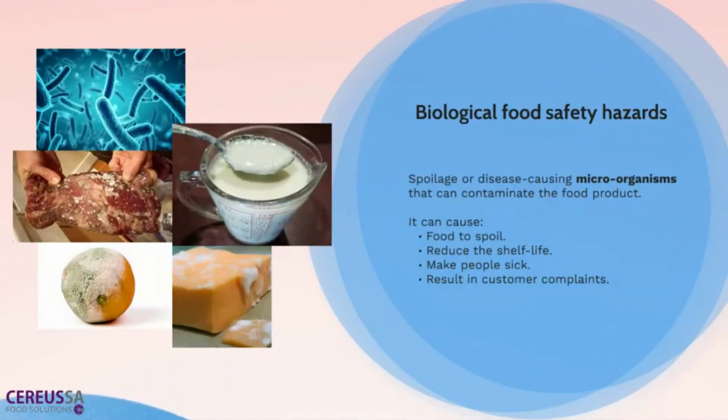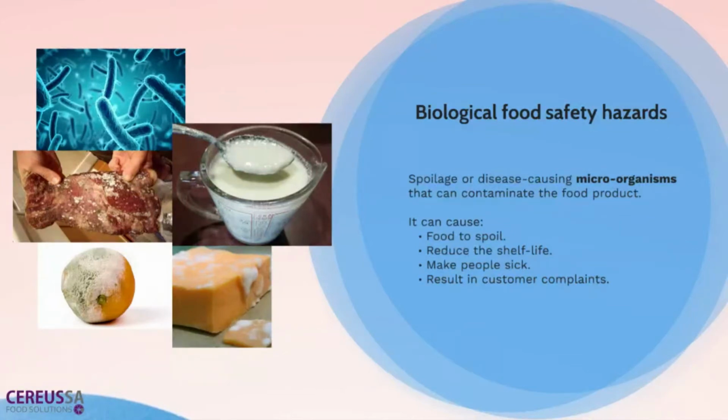Let's firstly look at biological food safety hazards, and these would include your spoilage or disease-causing microorganisms that can contaminate the food product. Spoilage or disease-causing microorganisms can spoil food. It can reduce the shelf life of a product. It can even make you sick, and it will result in customer complaints.